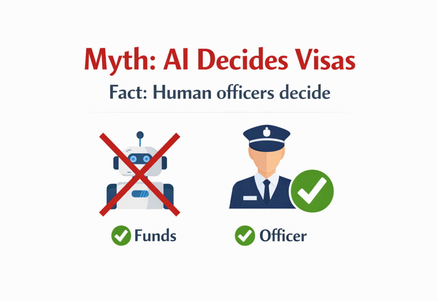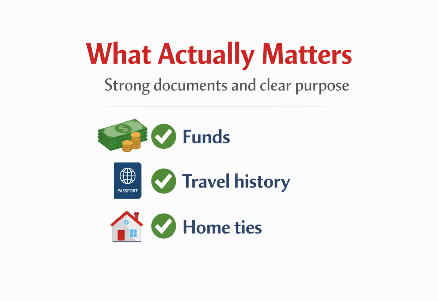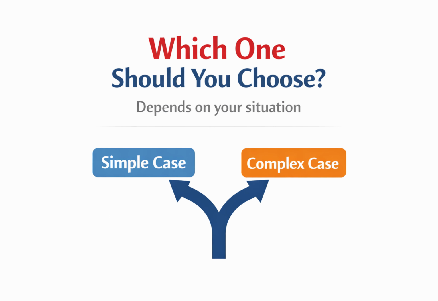Visa decisions are made by human IRCC officers. The portal you choose is simply how you submit your application. What actually matters are things like your purpose of travel, your financial proof, your travel history, and your ties to your home country.